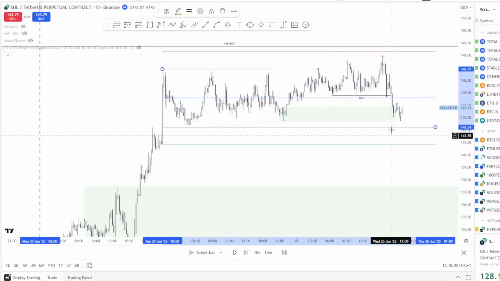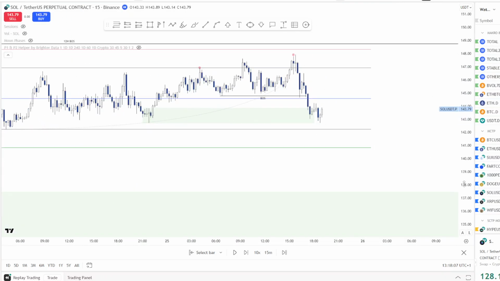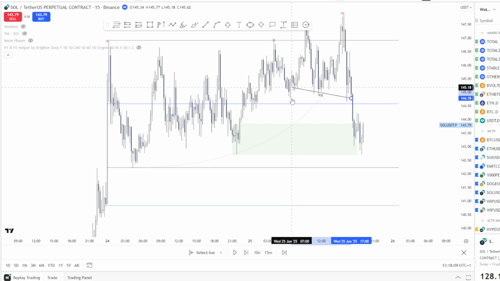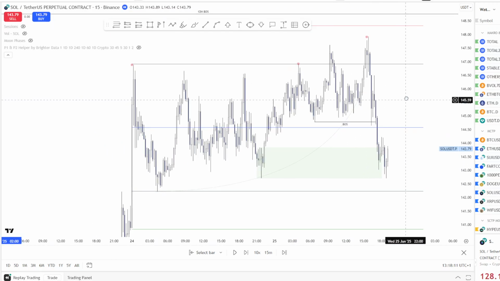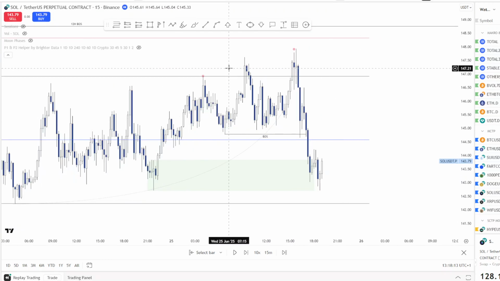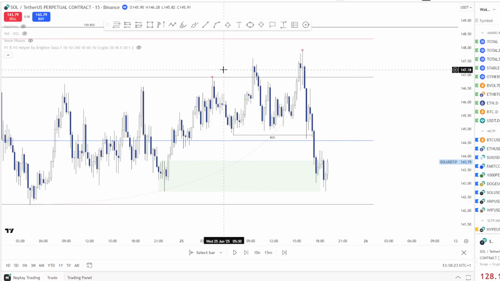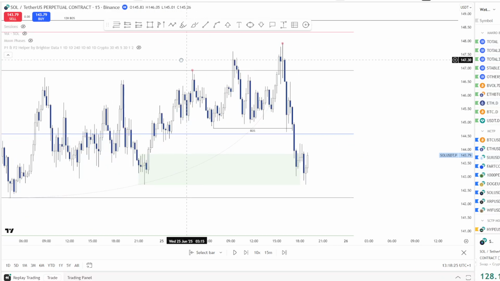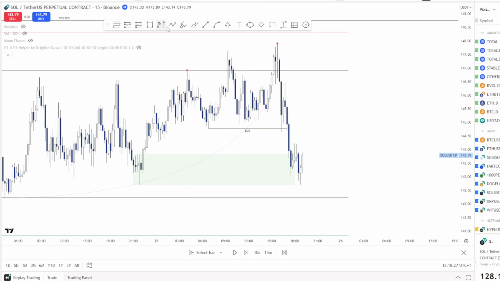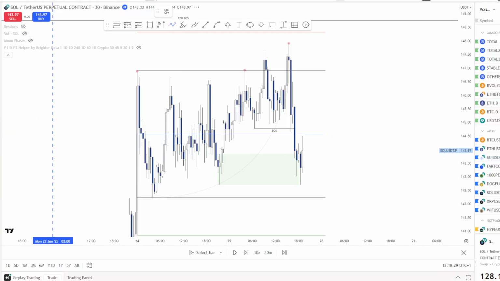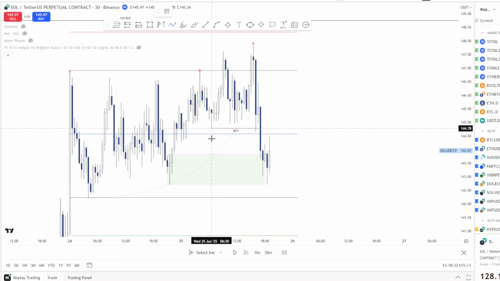Okay, let's zoom in here. So this is our main low, and we can now analyze the structure from here up to here and look where the market structure break would be. So in a 50-minute, we can see, let's go on to 30.